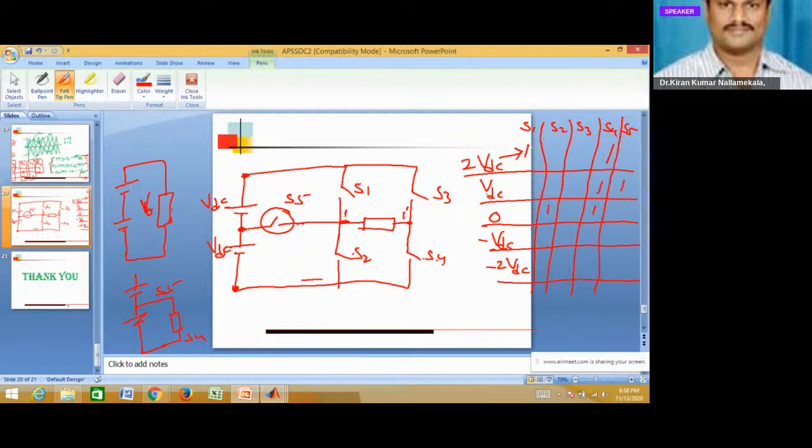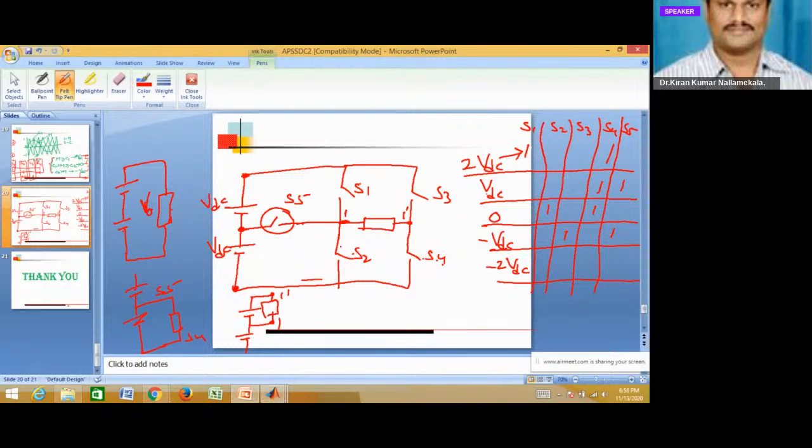Okay, in this way you can generate minus VDC. This is the equivalent circuit, 1 and 1 dash. So for minus VDC, what are the devices that are conducting? S5 and S3.